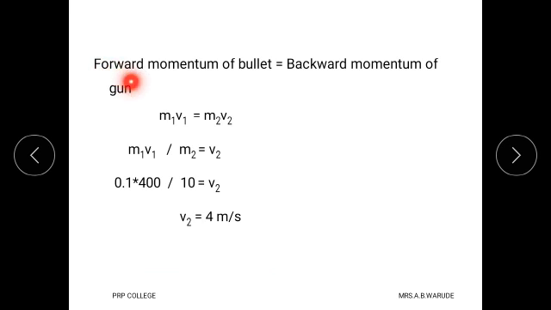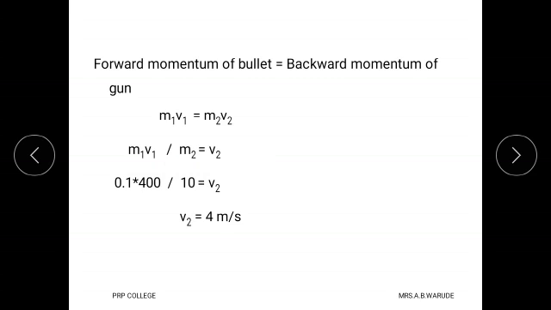Then we know that the forward momentum of the bullet is equal to the backward momentum of the gun, and therefore we write m1 v1 equals m2 v2. Here we have to find only v2, that is the velocity of the gun. Therefore we take m2 to the left hand side, and the equation becomes m1 v1 upon m2 is equal to v2.